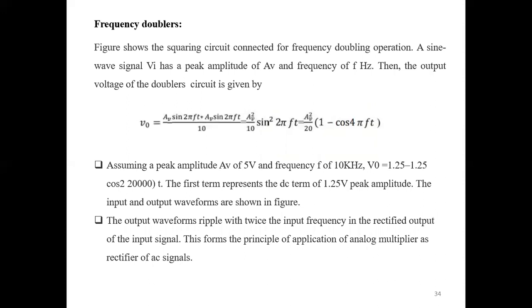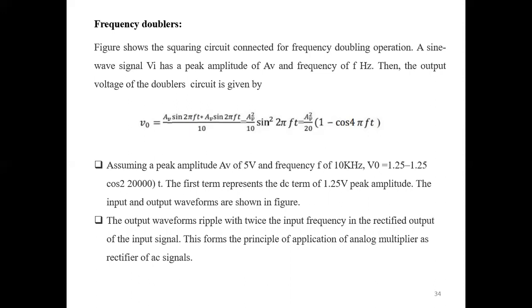The squaring circuit connected for the frequency doubling operation: the sine wave Va has a peak amplitude of Av and a frequency of f. Then the output voltage of the doubler circuit is given by V out equal to Av squared divided by 20 times (1 minus cos 4 pi f t). Assuming a peak amplitude Av of 5 volts and a frequency of 10 kilohertz, V out is equal to 1.25 minus 1.25 cos 2 pi 20,000 t.